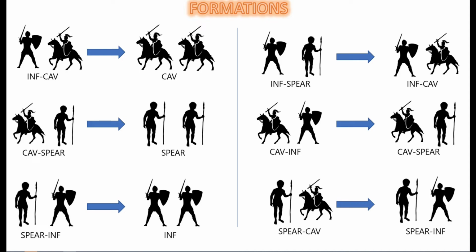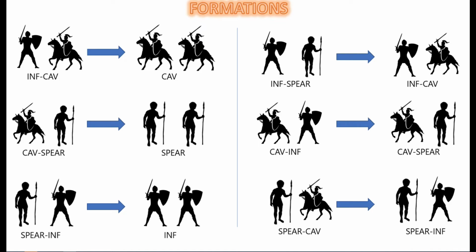Because if you see on the right hand side, the enemy formation is inf-spear, but in that scenario we are not going with the cavalry front line. If against inf-spear we decide to go cavalry front, the problem is we will counter the enemy front line of infantry, but then the enemy back line, which is spearmen, will counter our front line and deal more damage.